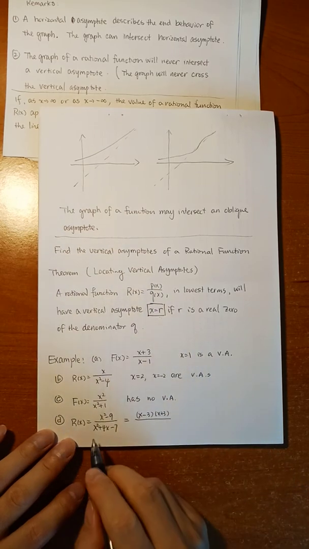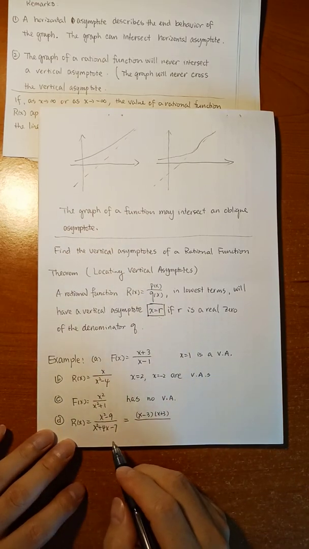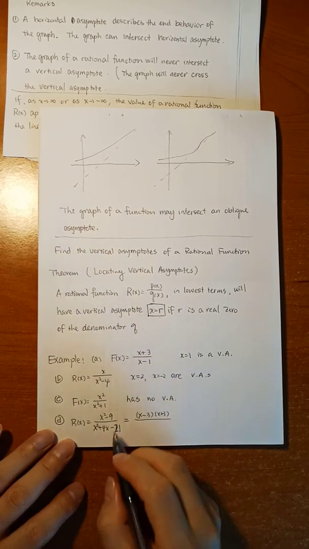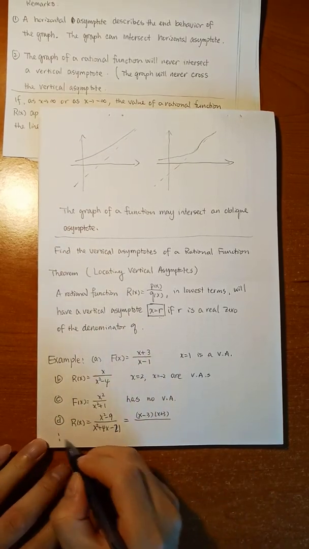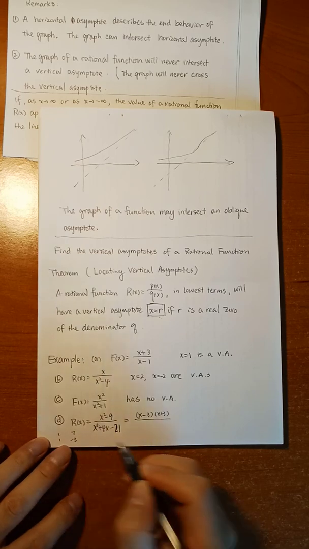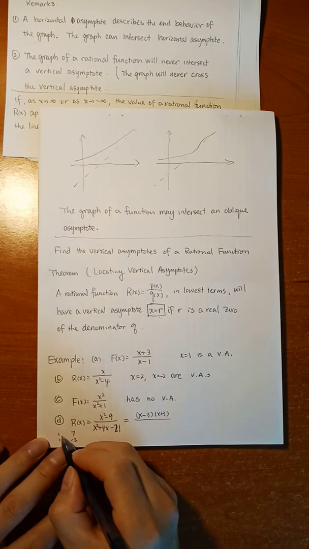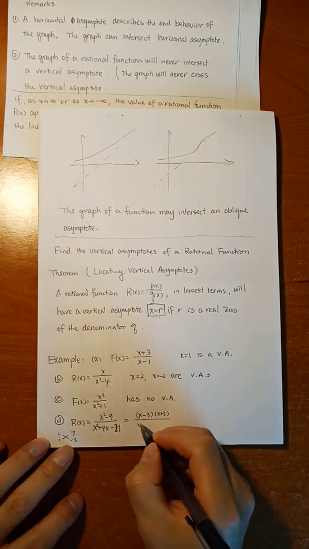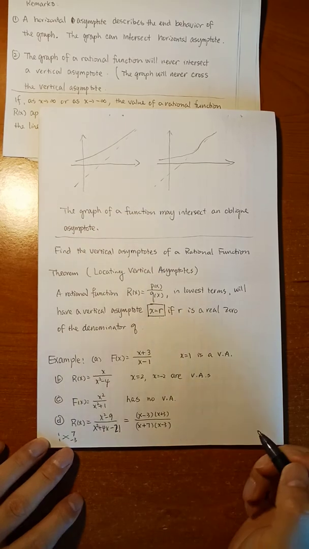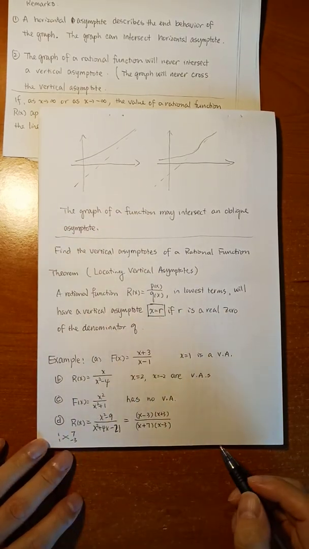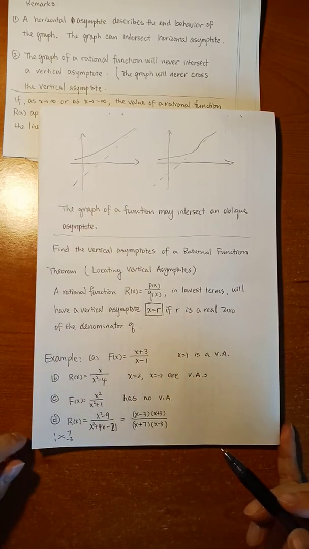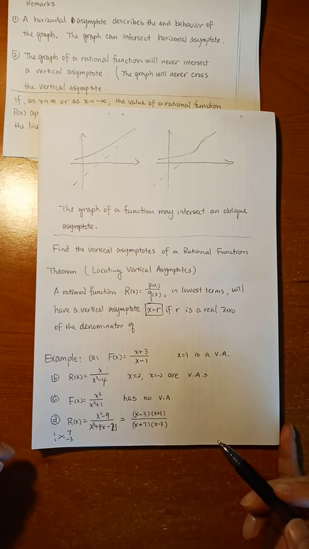For the denominator, sorry, not 7, 21. 21 can be factored as 7 and negative 3. Then 1 times 7 and 1 times negative 3 will give you 4. So it's x plus 7 times x minus 3. And you see here, this function is not in lowest term.